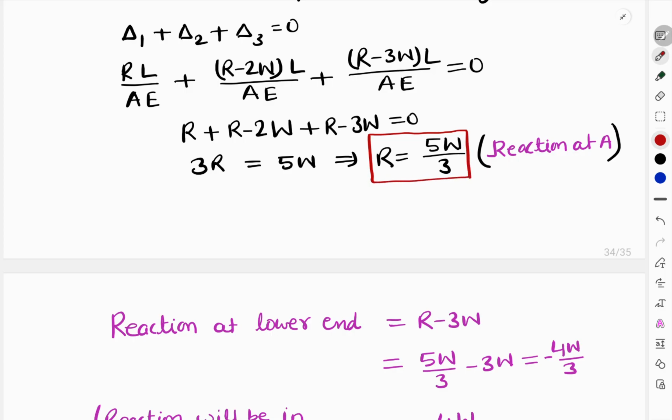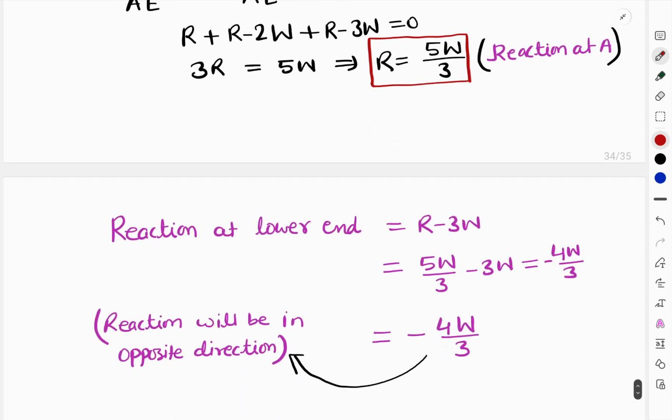So here the concept is how to apply the principle of superposition to determine the loads for individual sections. Now the reaction at the lower end. As we already defined, the reaction at the lower end is R minus 3W, and R is calculated, so 5W by 3 minus 3W gives minus 4W by 3.